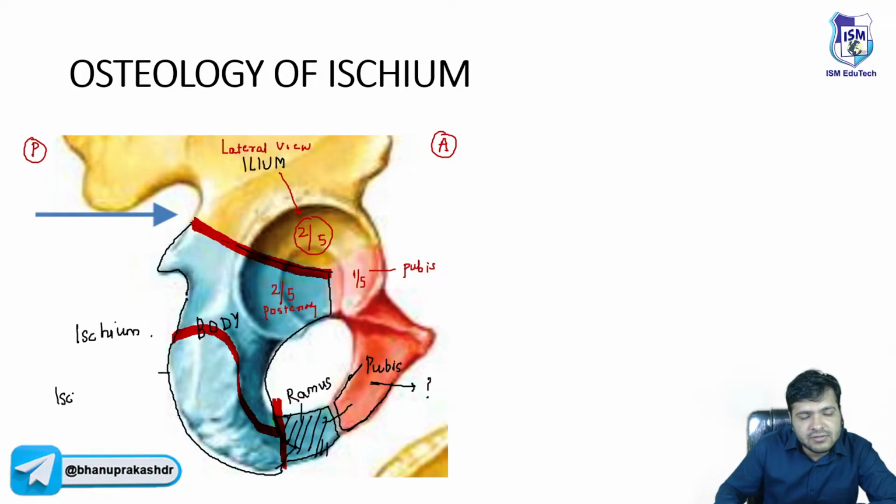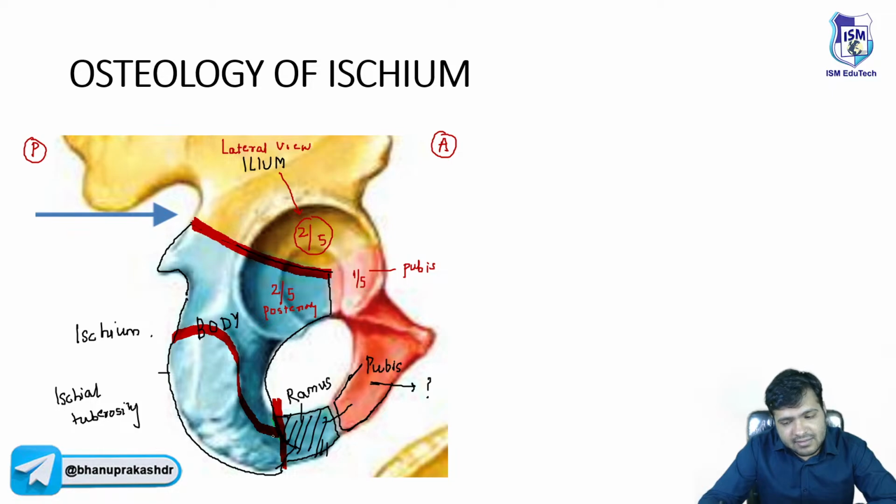This is called the ischial tuberosity, which you will find at the lower end of the body of the ramus. In some books it is given separately, but it is the lower end of the body of the ischium.